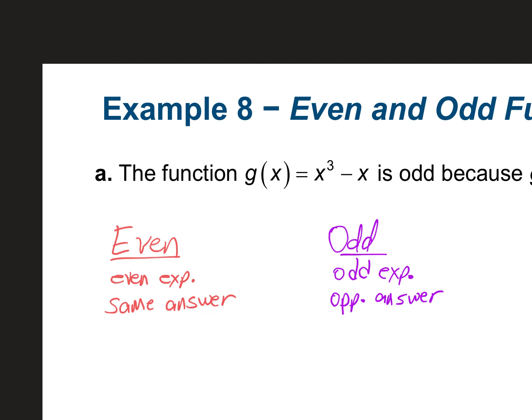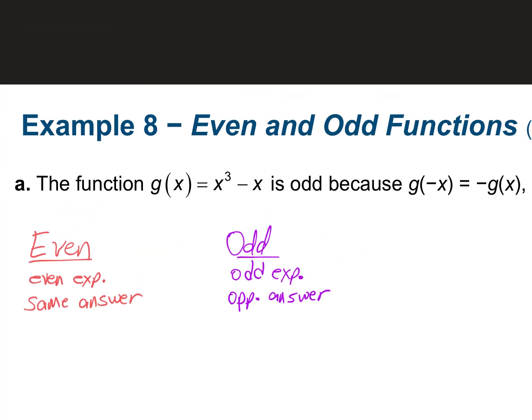Any number and its exact opposite. It just has to be bigger than 1. So you can do 2, 3, 7, 12, whatever. It doesn't matter. It just has to be the number and its exact opposite. And we're going to plug it into the function. And then we're going to look at the answers, if they're exactly the same, if they're exact opposites, or if they're just nothing completely to do with each other. It'll tell us all the information we need to know.